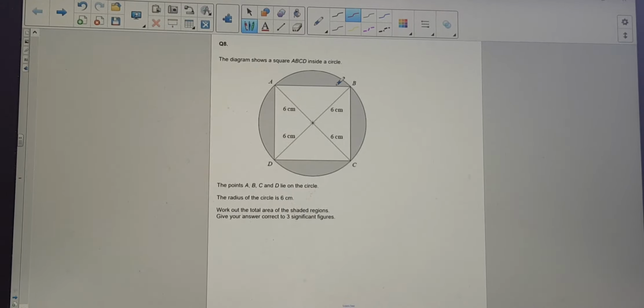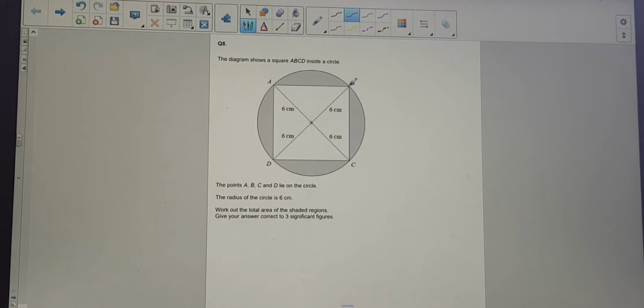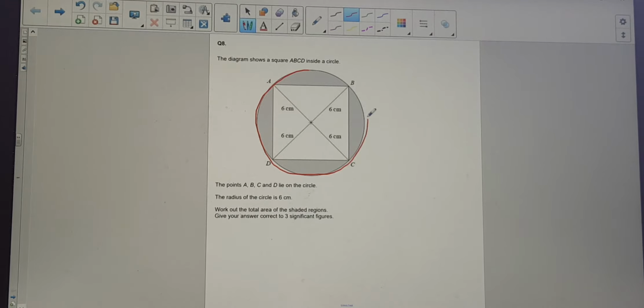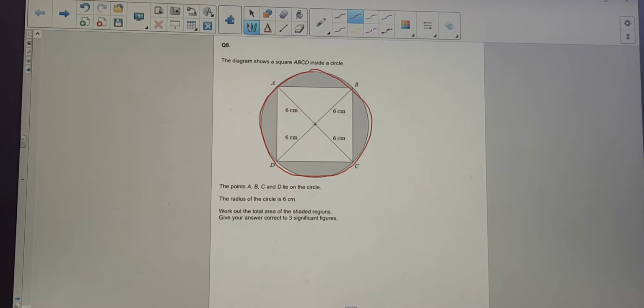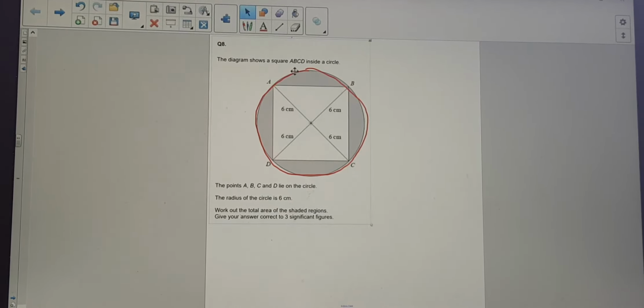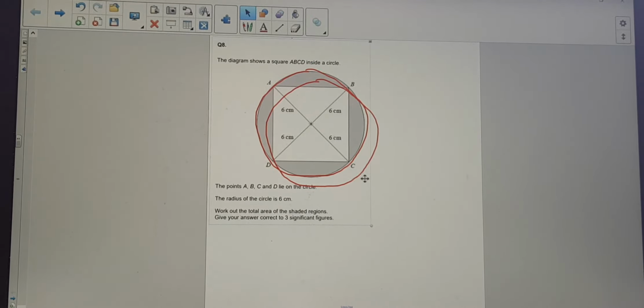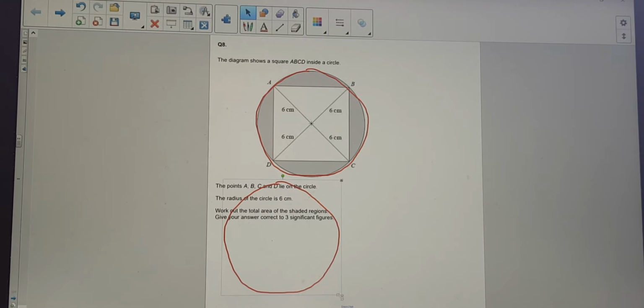Okay, right. So in my mind, I'm thinking I have a circle. I can draw that around the outside. I have a circle, and then removed from that is the square inside. So let's just look at this.